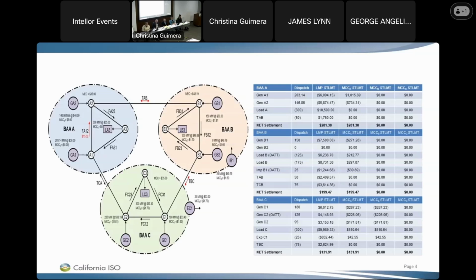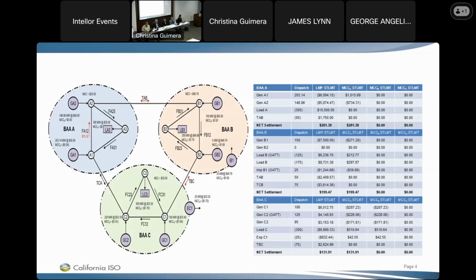So I apologize. For generator 2, I had an OAT transaction of 125 megawatts that was being self-scheduled to serve load in BAB. It got a payment of $4,148.93 with a congestion exposure of $226.06.